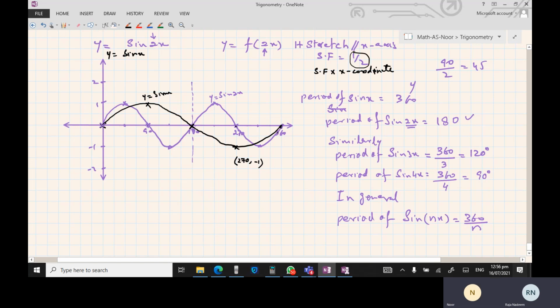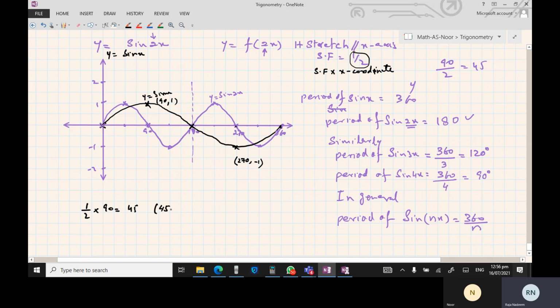Now check this point. This point has coordinate 90 and 1. So the x coordinate is 90, the stretch factor is 1 over 2, so it becomes 45.